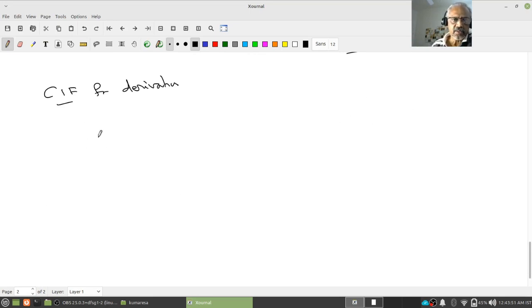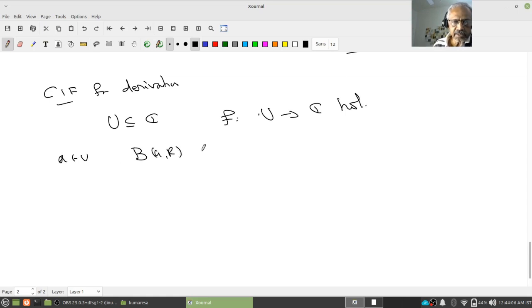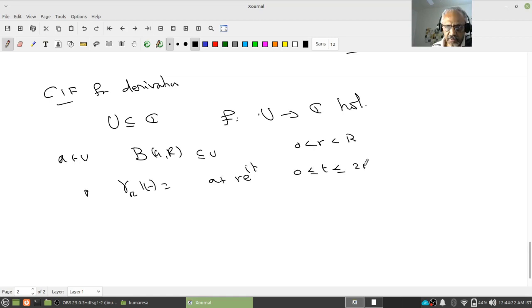Okay, so now let us say U is an open set and f is holomorphic. Fix an a in U so that the ball B_R(a) is contained in U, and choose an r less than R. Let's look at gamma_r(t) equal to a plus r e to the power i t, 0 less than or equal to t less than or equal to 2 pi.